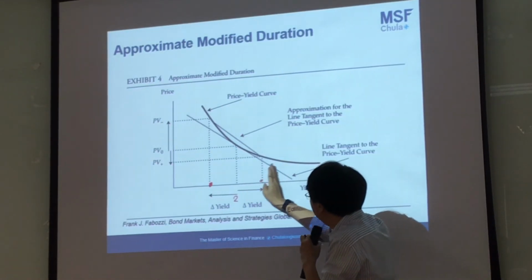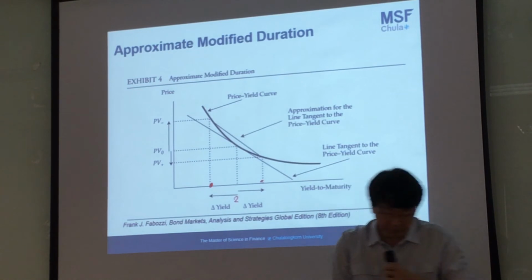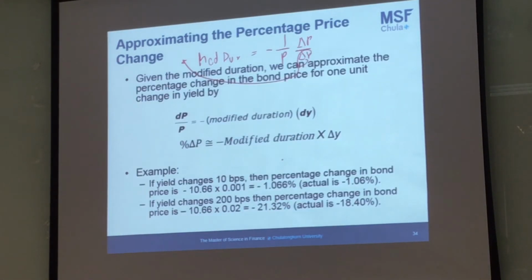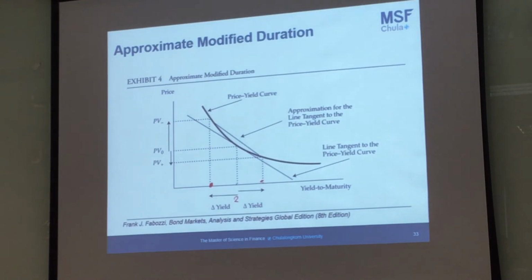However, if you look at the change that is very large like this, let me show you that. If the yield, from this current yield, changed to this.